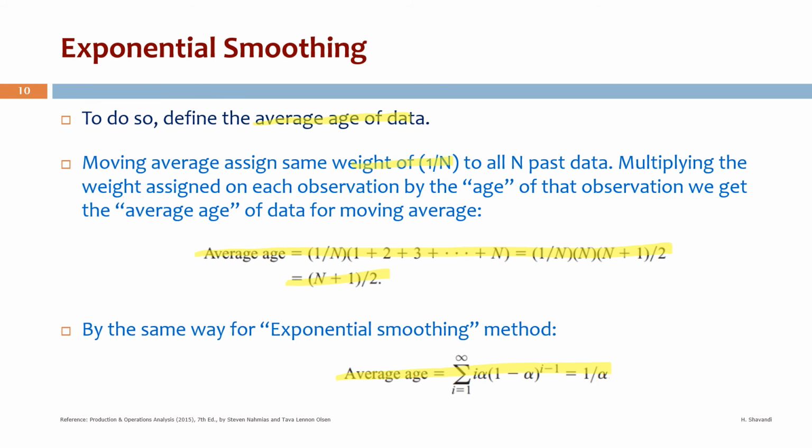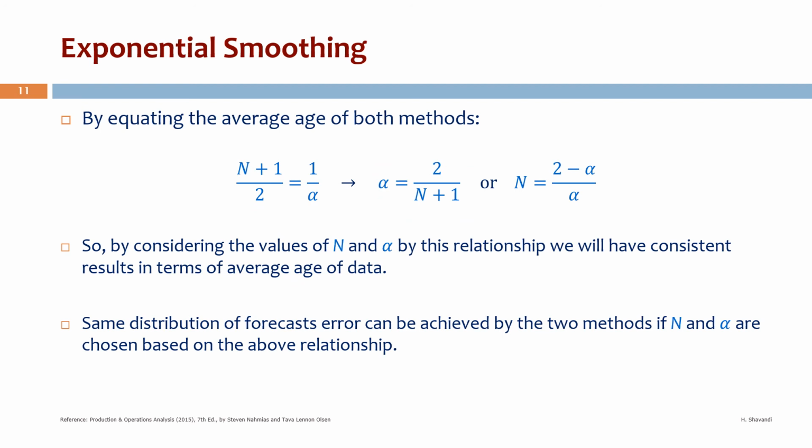Now, if we equate the average age of both methods, then we'll have this relationship between alpha and n. For the moving average and exponential smoothing, if we obtain alpha and n by this relationship, then we can say the results of both methods will be consistent.